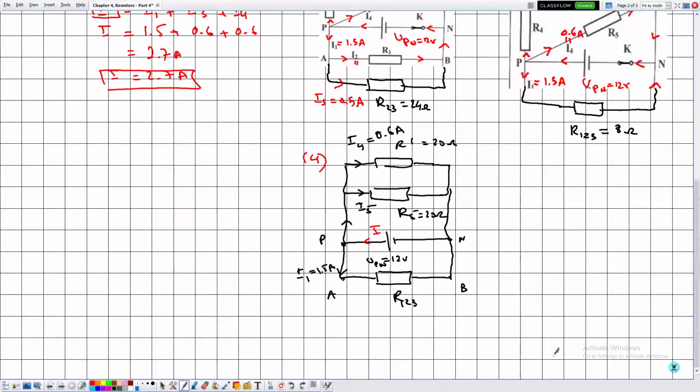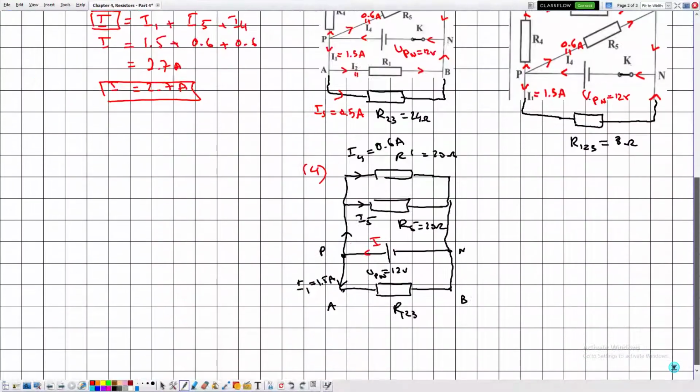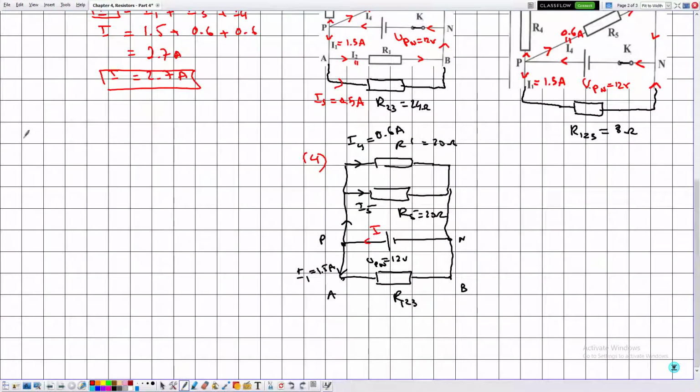So now in number 7, R123, R5 and R prime are in parallel.